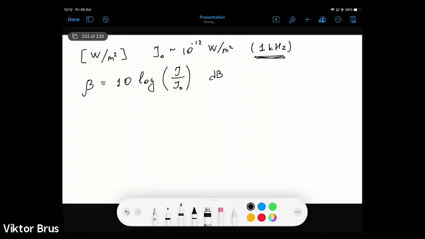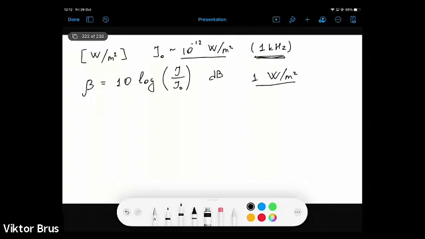So now, if we remember that the threshold I naught is 10 to minus 12, then we can consider a sound intensity which already appears as painful for human beings, and that is usually 1 watt per square meter.